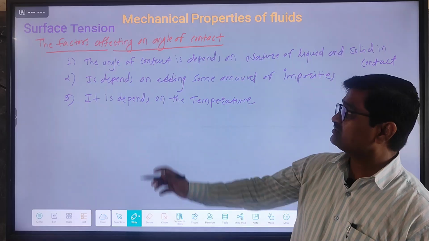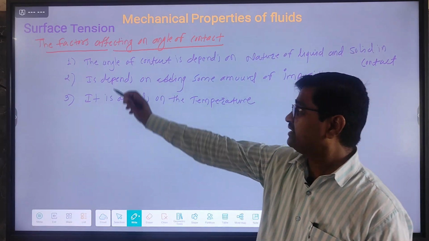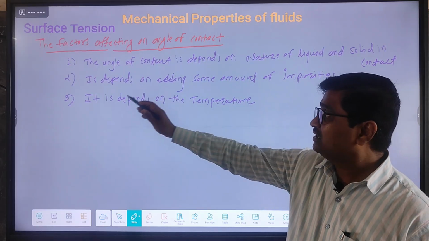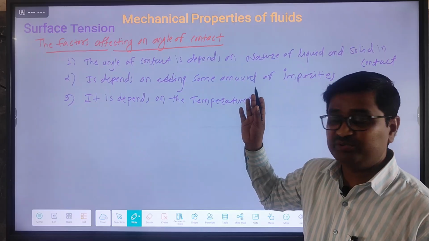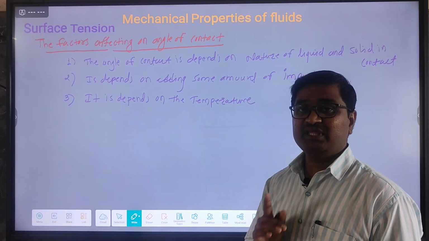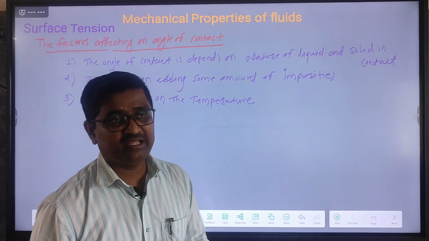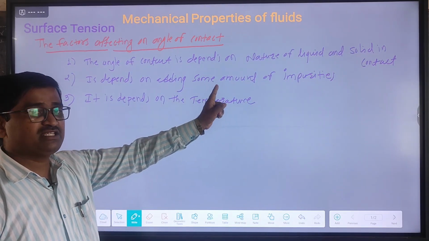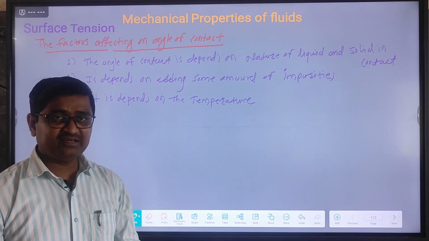So the angle of contact mainly depends upon three factors. First, the nature of liquid and solid in contact. Second, the adding of impurities. And third, the increasing temperature. You get it clear? So it depends on the nature of liquid, on impurity, and on temperature.